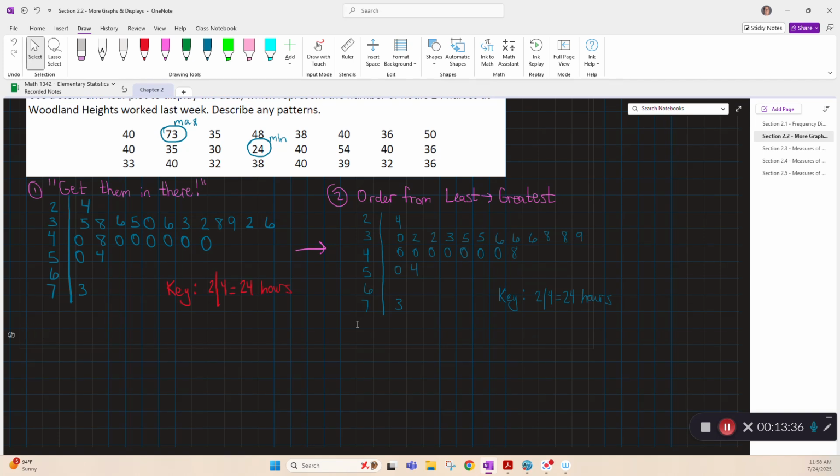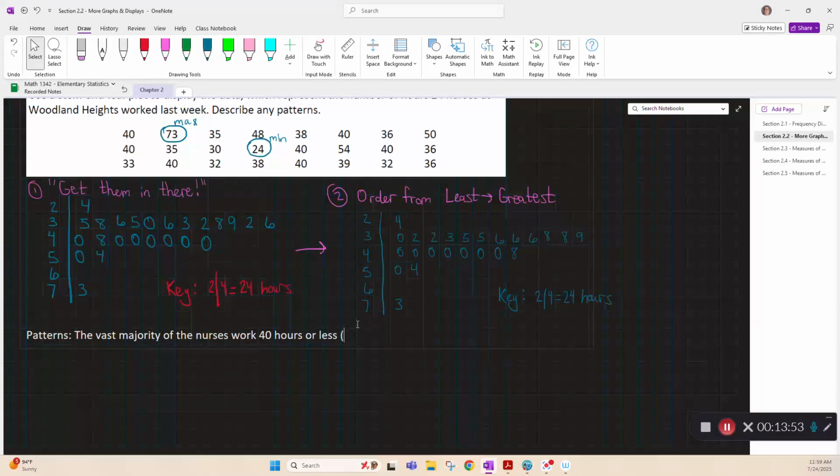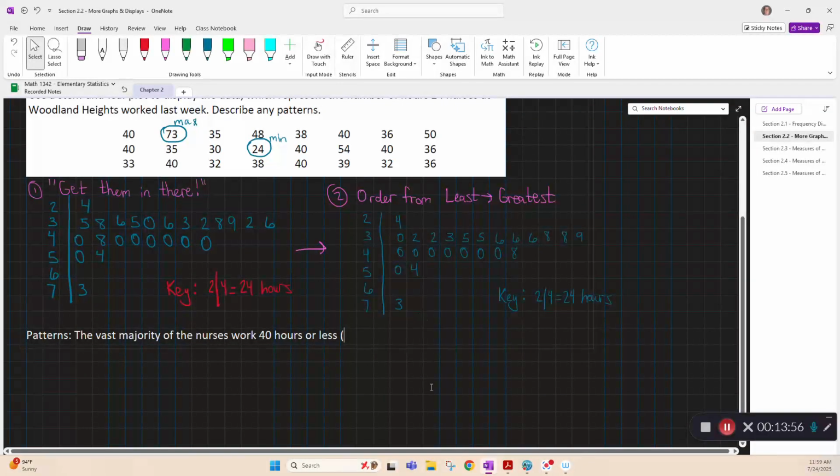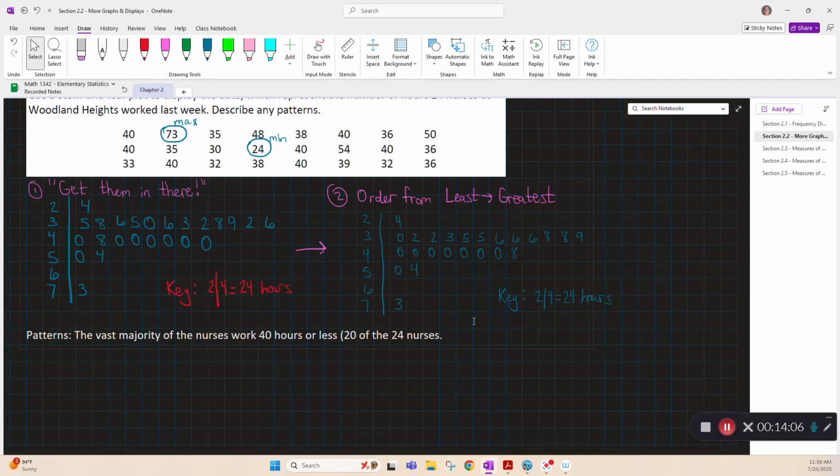So patterns. The vast majority of the nurses work 40 hours or less. If we want to elaborate on that, we could say, count how many are 40 hours or less, or we know there's 24, so 20 of the 24 nurses.